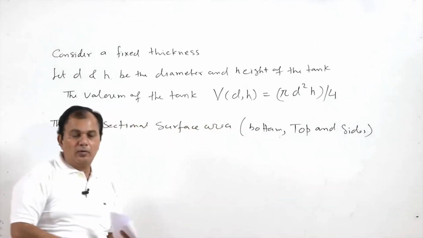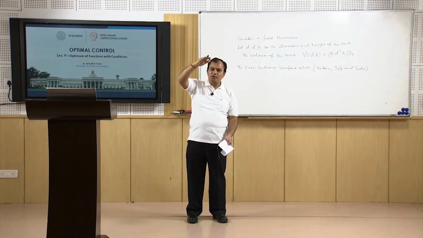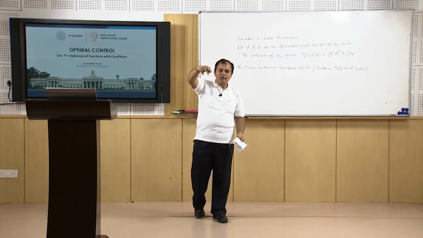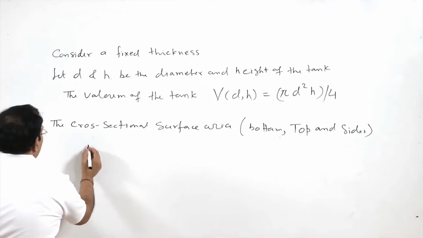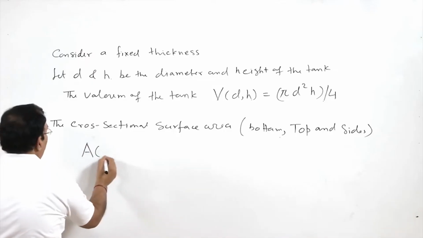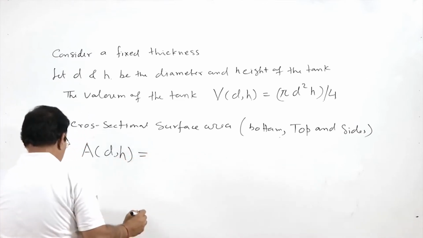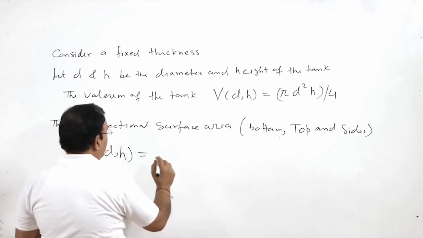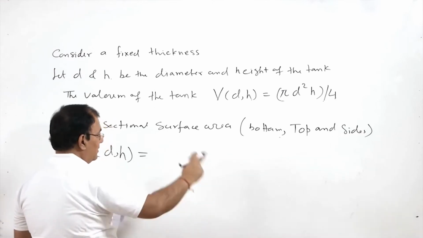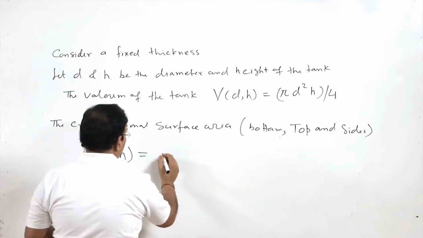So, the top and the bottom are my circular sheets, while the surface is my cylindrical sheet. So, this cross sectional area, if I write it as a function of d and h, pi r square is the area of my circular sheet.